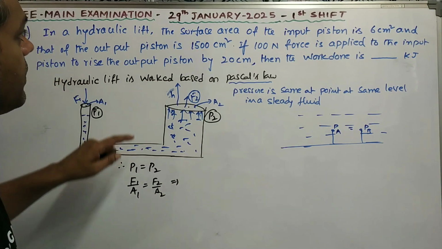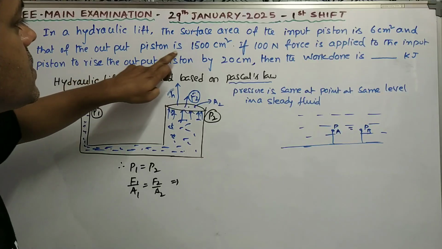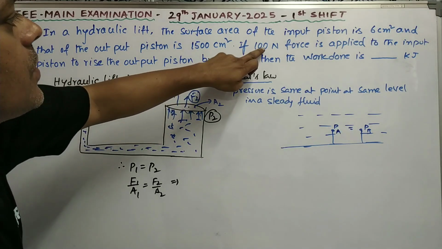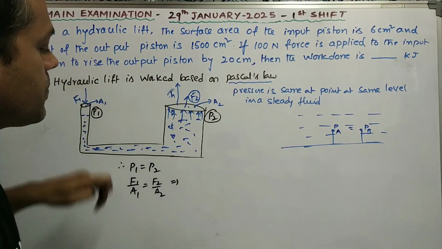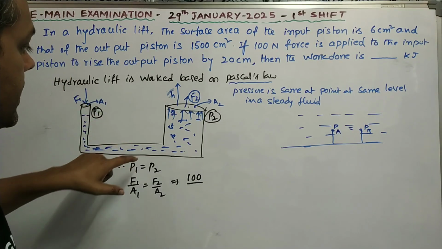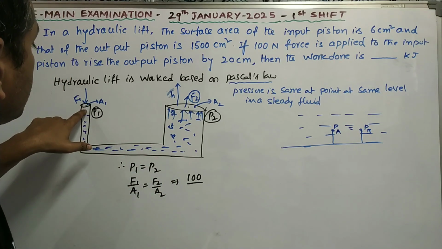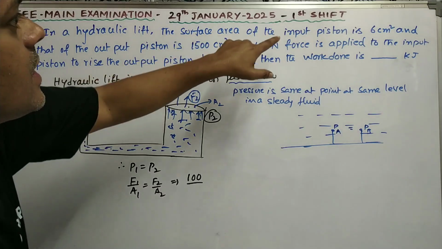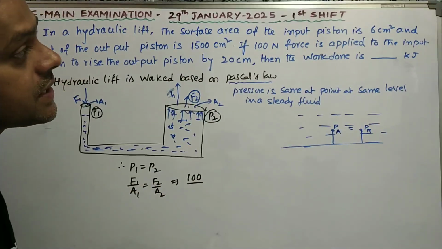F1 is given: a 100 Newton force is applied on the input piston, which has a surface area of 6 centimeter square.